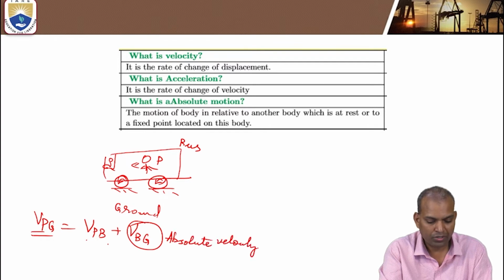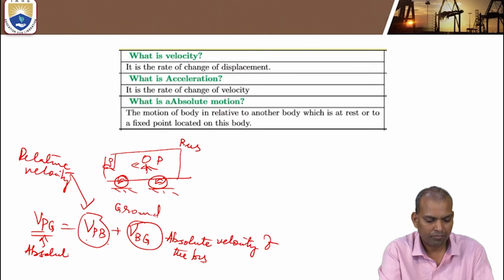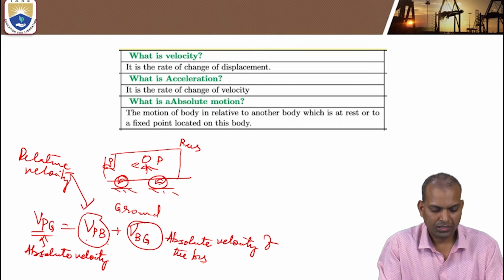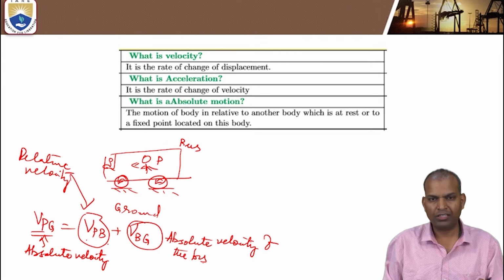The point is that absolute velocity is also a relative velocity, but with respect to the ground.